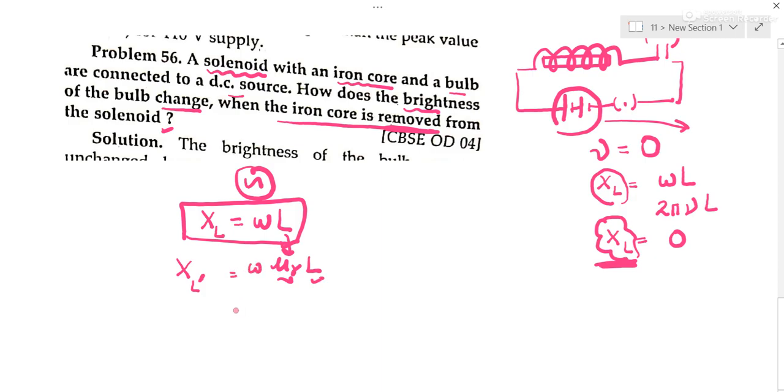So basically your XL will become mu R times the original XL. So opposition increased, so brightness will decrease if it had been a question of AC.